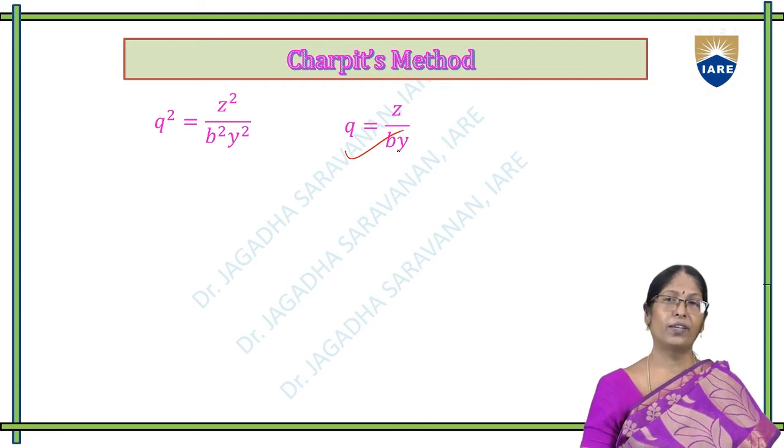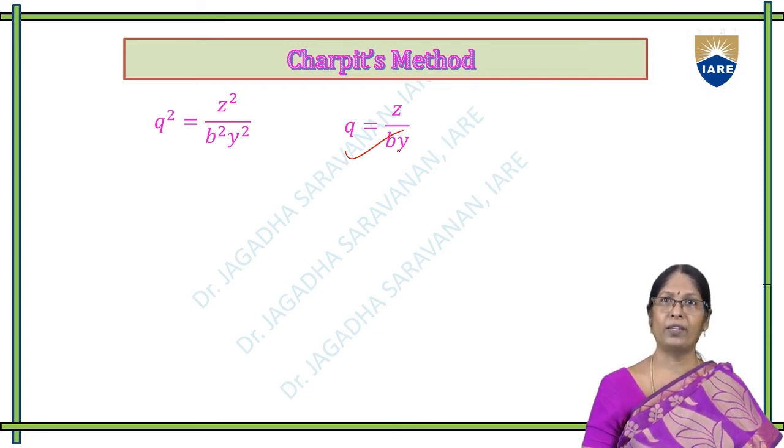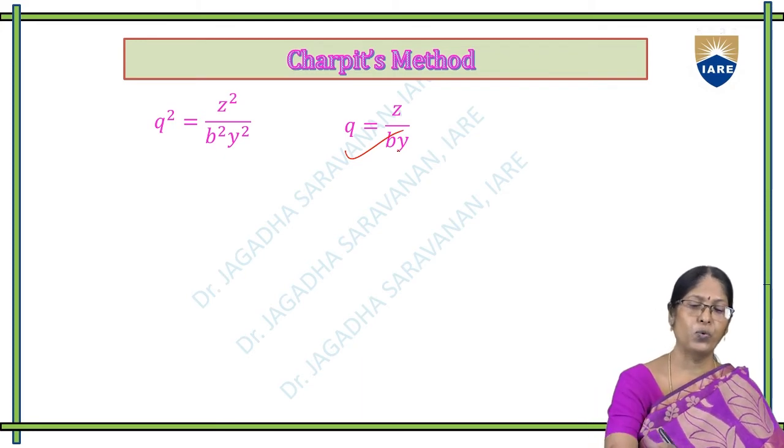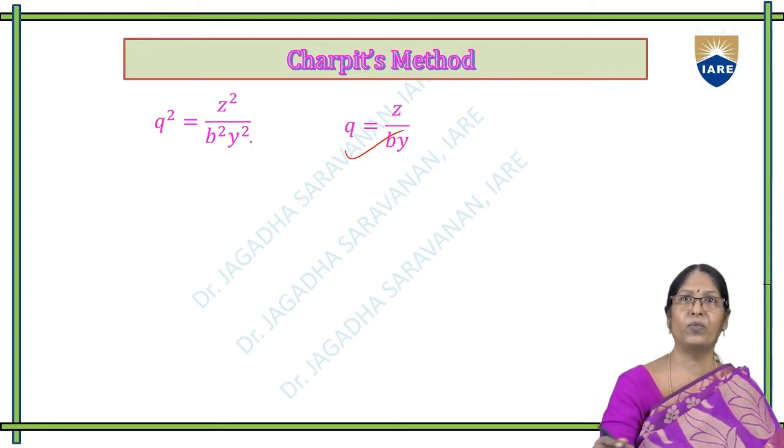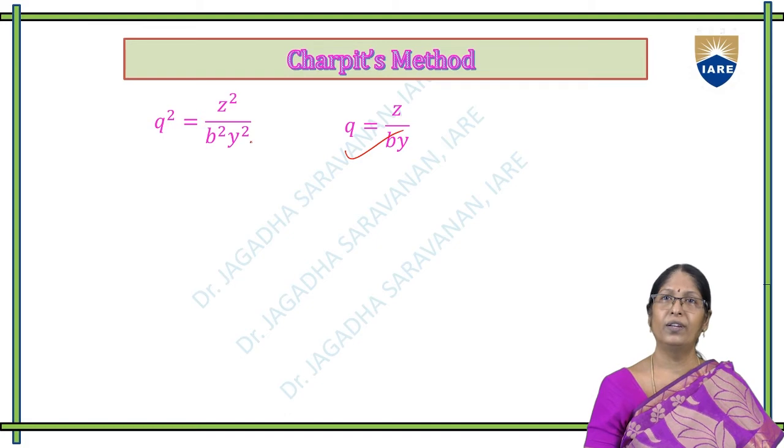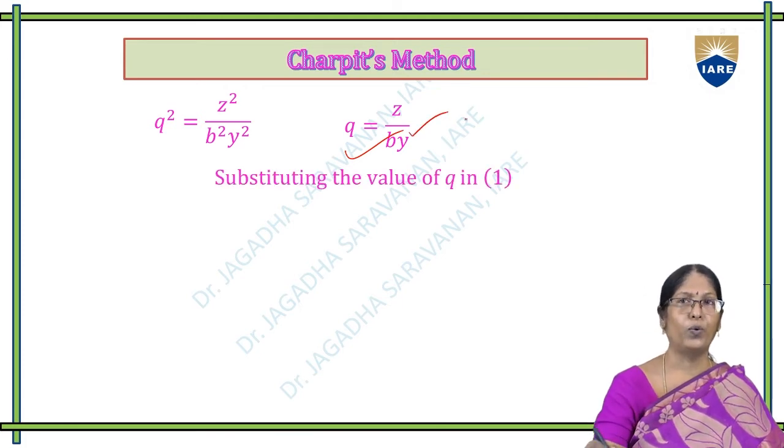Nothing wrong in it. In this problem also we can add the constant c1, but to make it comfortable, in an easier format for our problem, q square is equal to terms in the form of squares. That is the reason we added b square. If we add c1, that is also correct. So the q value we obtained.